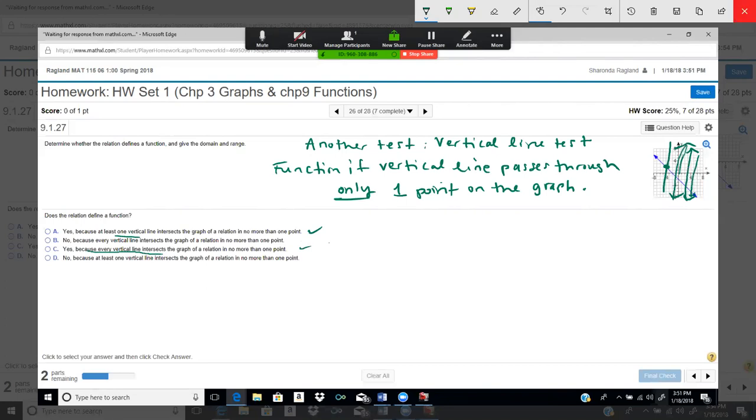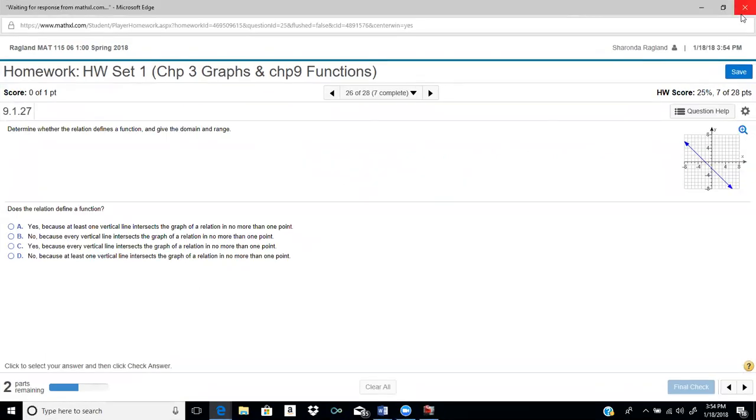Okay, so let's see if we are correct. Because every vertical line intersects the graph of a relation in no more than one point.